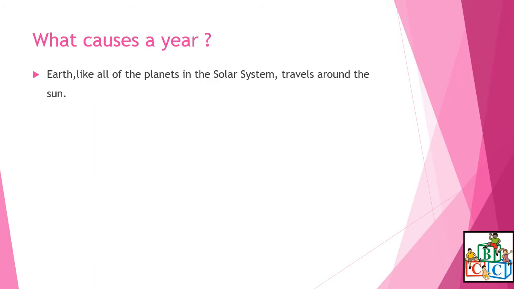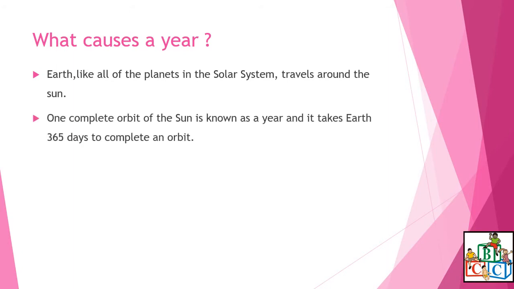For example, the Earth is either to the right or to the left of the Sun, or in some other position. The Earth, like all of the planets in the solar system, travels around the Sun.